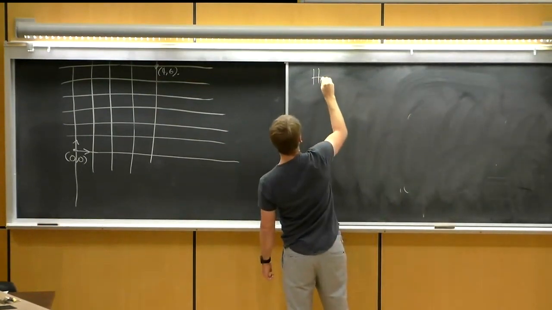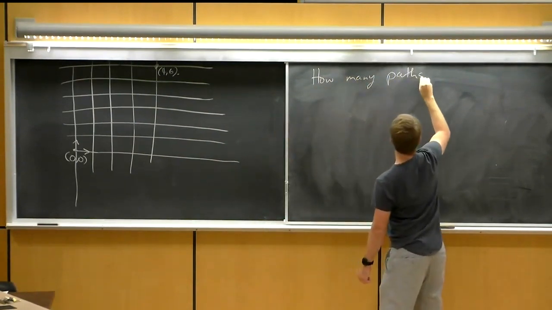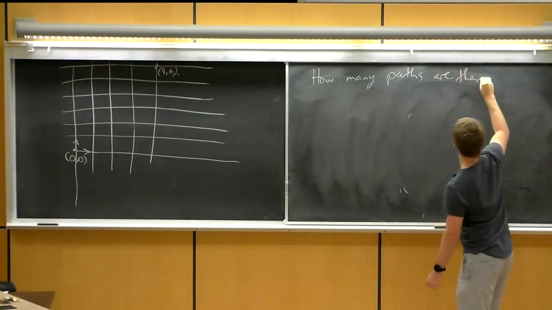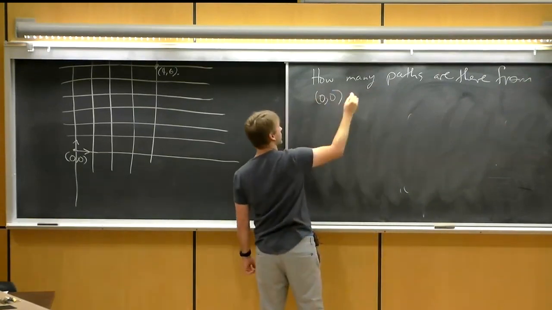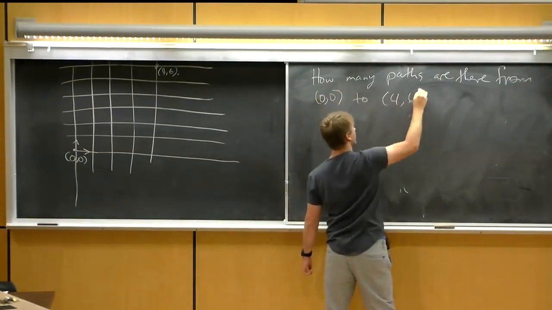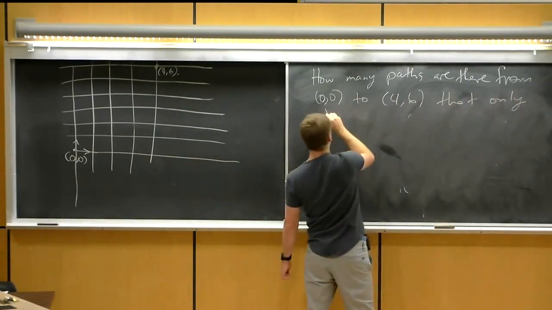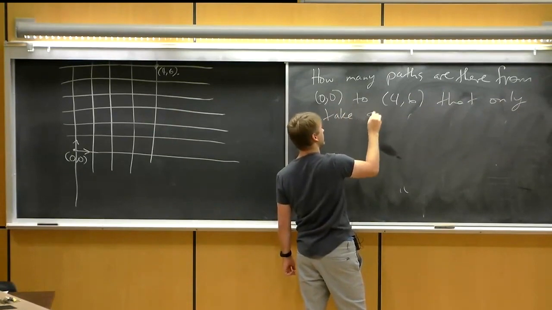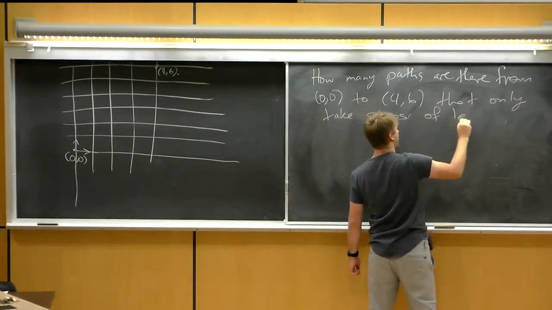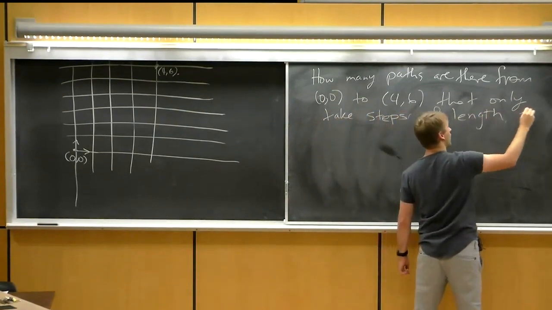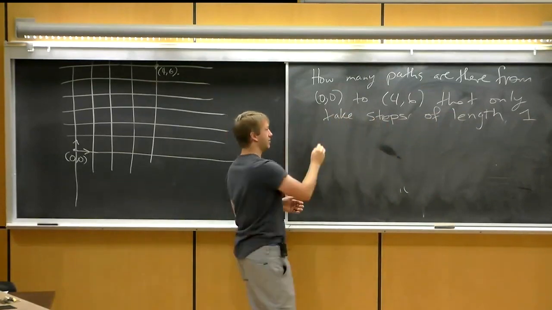So how many paths are there from the origin 0, 0 to 4, 6 that only take steps of length 1 in the positive x or the positive y direction?